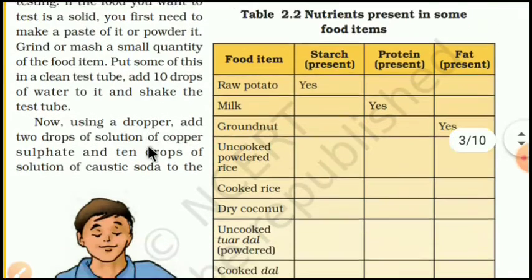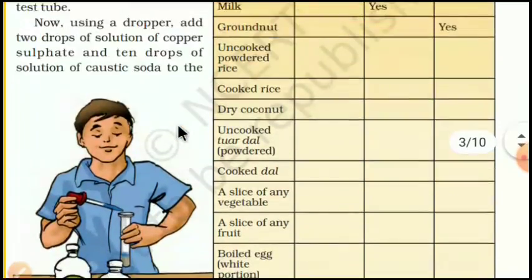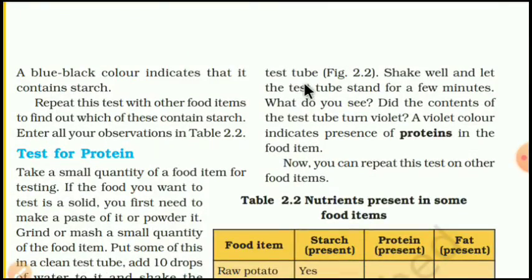Then, using a dropper, add 2 drops of solution of copper sulfate and 10 drops of solution of caustic soda to the test tube. Shake well and let the test tube stand for a few minutes.